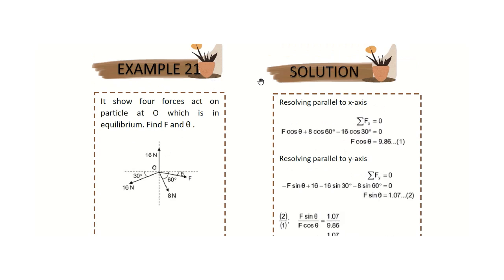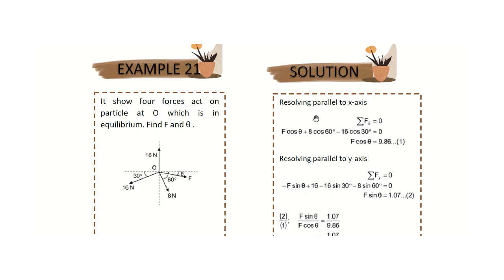Okay, look at another example. They show 4 forces acting on particle O, which is in equilibrium. Find F and theta. Okay, we have 4 forces here, 60 Newton, F, 8 Newton, and 60 Newton. We want to find F and theta.